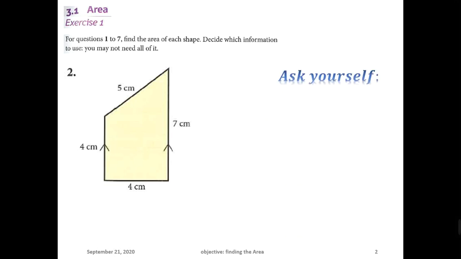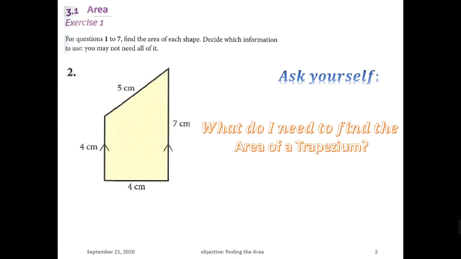Second thing that you have to ask yourself is, what do I need to actually find the area of a trapezium? We need to know the length of each of the two parallel sides, as we can see here, 7 and 4. And we need to find as well the vertical distance.